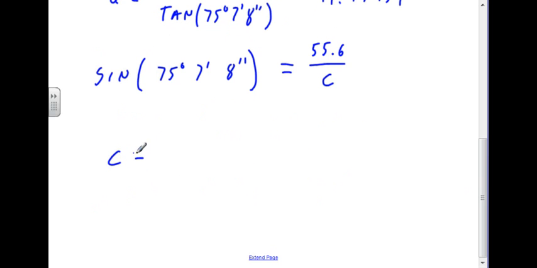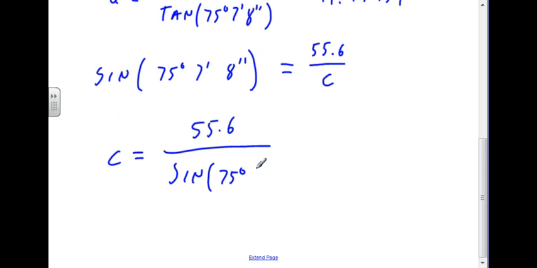So c, the hypotenuse, is 55.6 divided by the sine of whatever that is. 55.6 divided by the sine of 75, hit the math button, degree, minutes, seconds, 7, math, degree, minutes, seconds, go down to minutes, 8, math, go to degree, minutes, seconds, come down to 3, close parentheses, enter. 57.52949338.